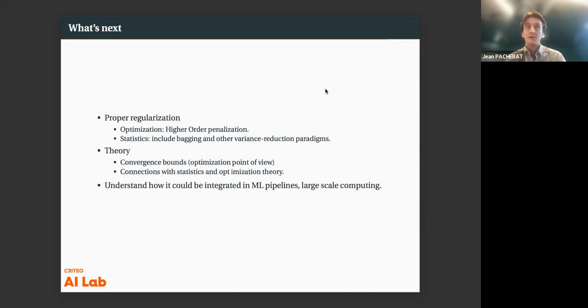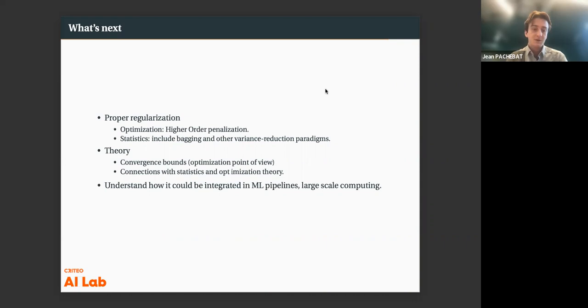We could look at what happens with L3, L4 penalization. And in terms of statistics, include bagging and other variance reduction methods to leverage this overfitting behavior and give higher order optimization its full power.